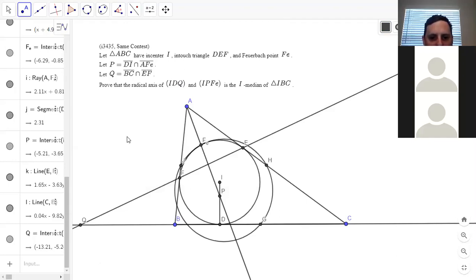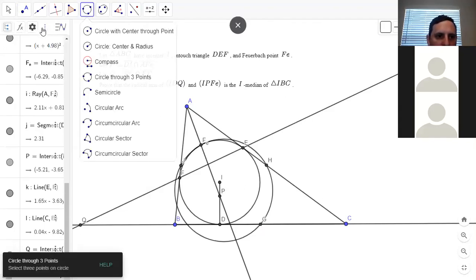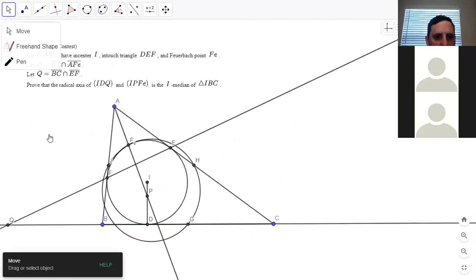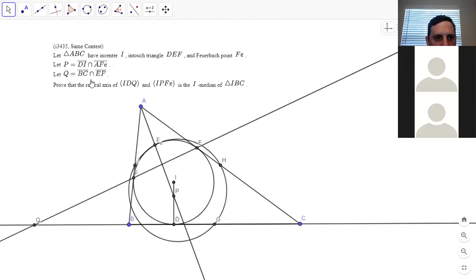This is kind of interesting. So let's draw, so we know G is the midpoint of BC. We're going to draw those 2 circles, IDQ and IPFE.